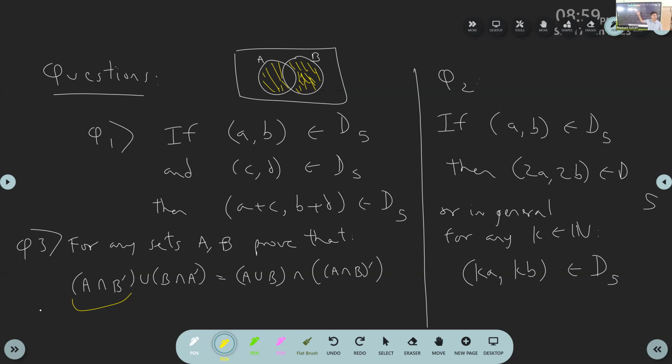And you see, obviously, in the diagram also it looks like the RHS is going to be true. Because what is the RHS? You take A union B, which is the entire set, but you don't want the elements which are in the A intersection B, so you subtract the middle part. So now intuitively this makes sense, but you have to prove it. So prove it then. Okay, so that's all.